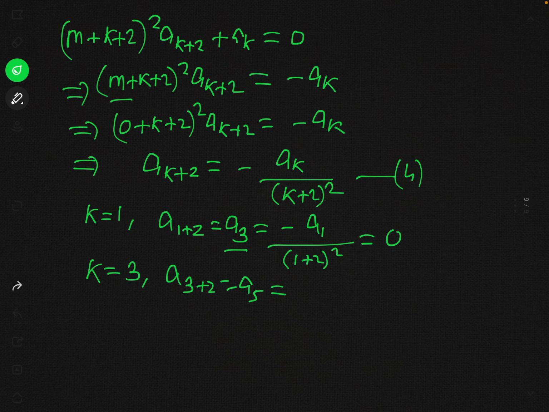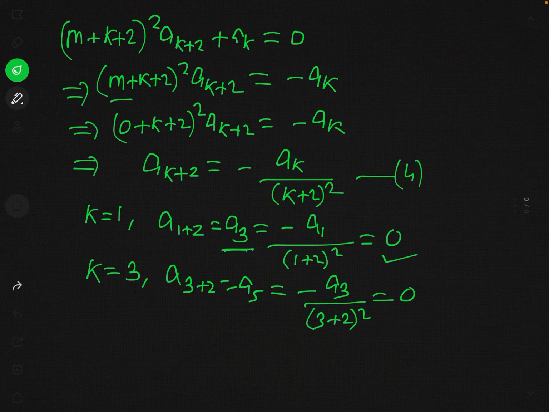And in RHS you will write k equal to 3, so this will be a3 over 3 plus 2 whole square. But you have just seen that a3 is equal to 0, so this will also be 0. So what do we get? You can see all the coefficients with odd subscripts are actually 0.